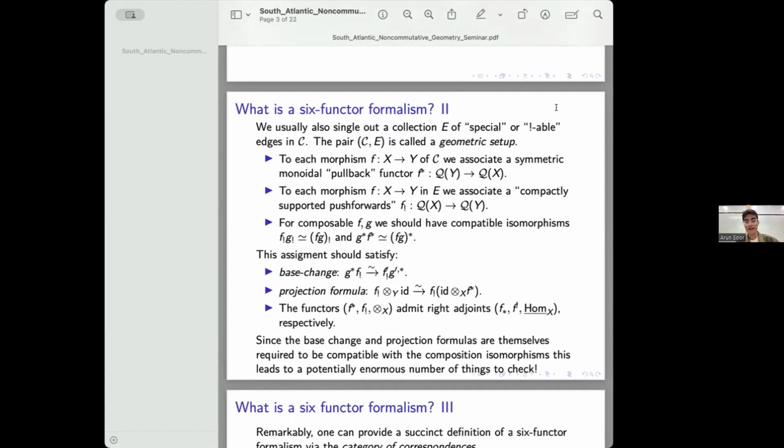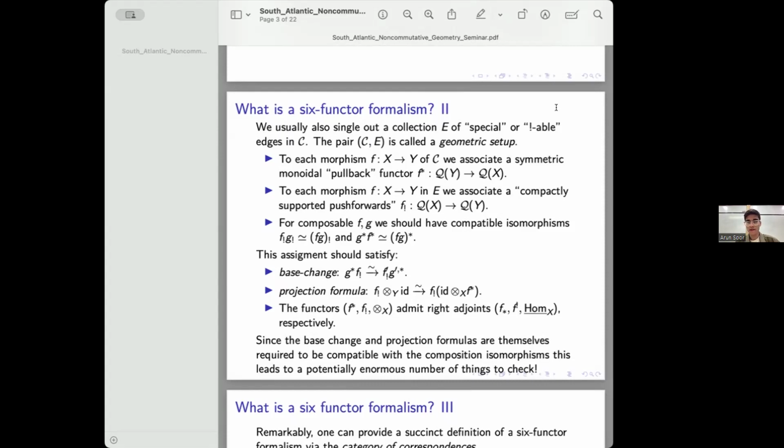And then this pair (C, E) is supposed to satisfy some extra conditions. For instance, edges in E have to be stable under composition and pullback by morphisms in C. And then this pair (C, E) is called a geometric setup. I borrowed that terminology from Lucas Mann.